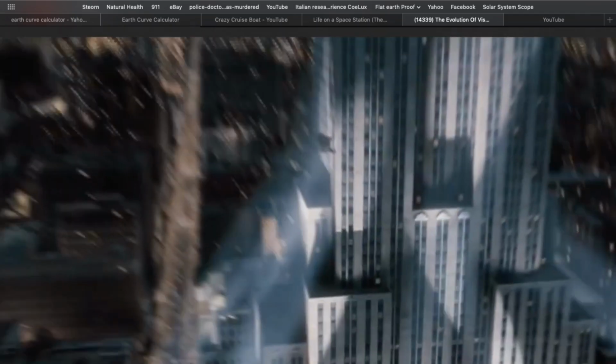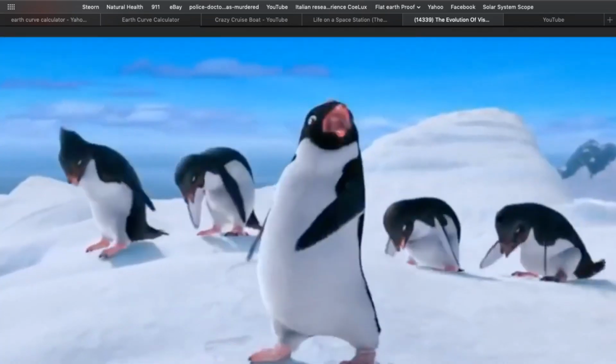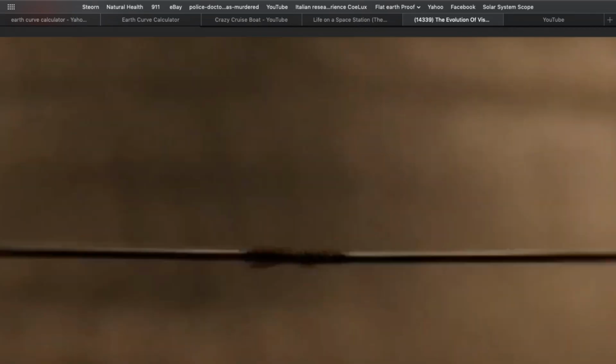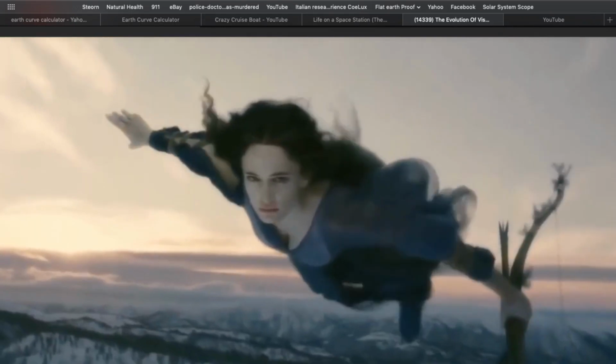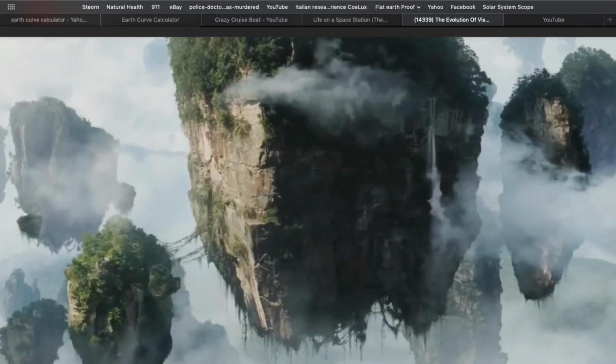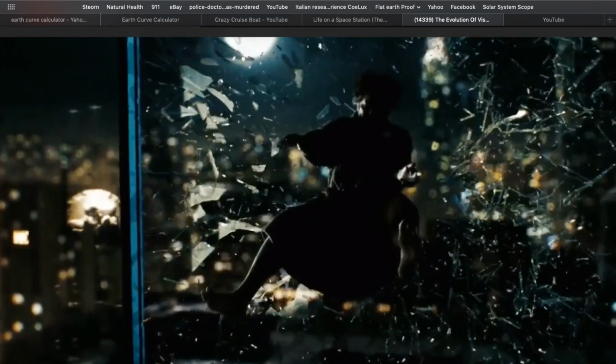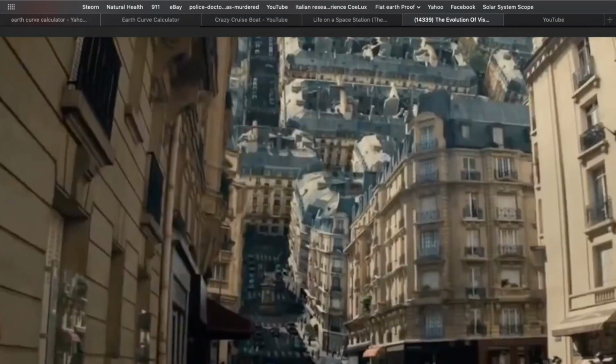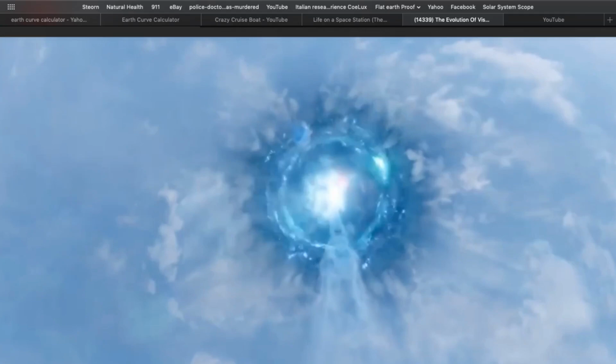Yeah. Gosh, look at that city curving. See, all of those things, not really real.